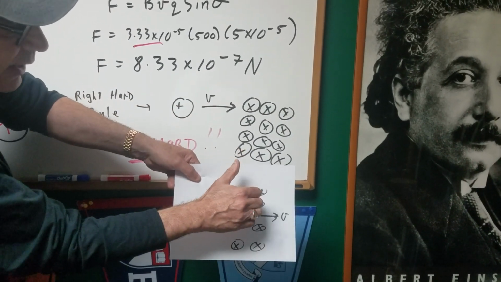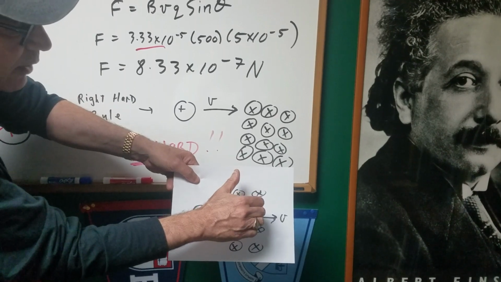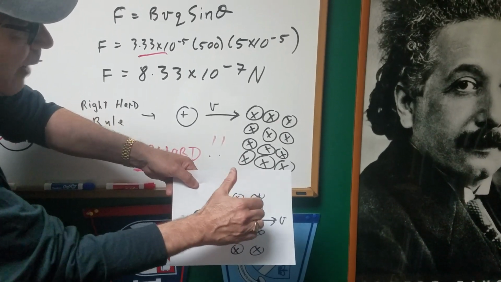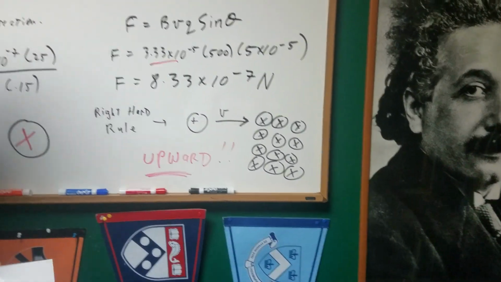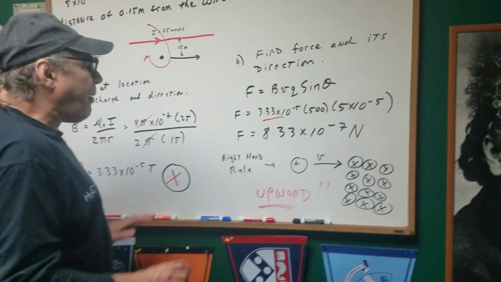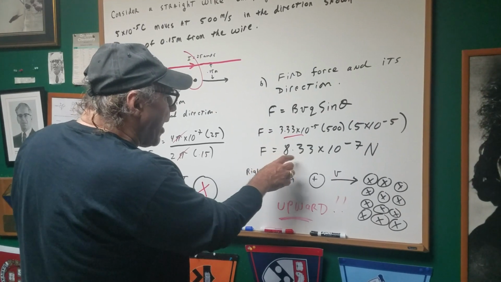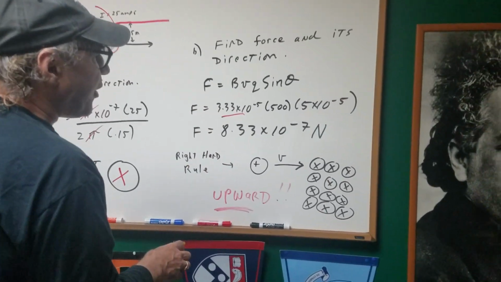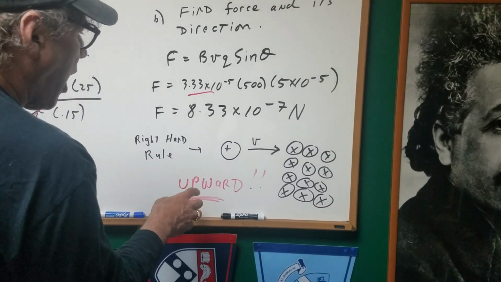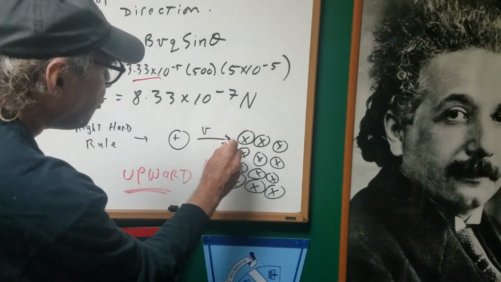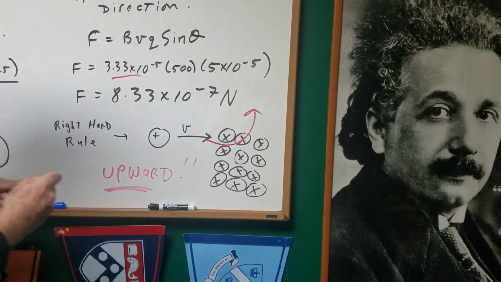So if you go into the page with the magnetic field, my thumb points upward. And that's going to be the direction of the force. So by the second right-hand rule, we come up with a final answer of 8.33 times 10 to the minus 7 newtons upward. So therefore, the trajectory would be like this.